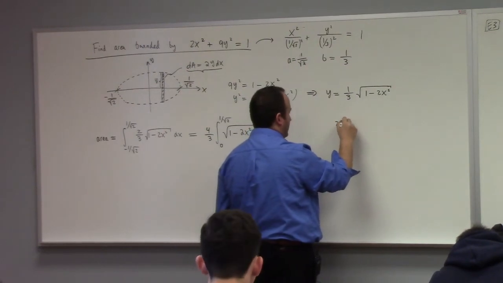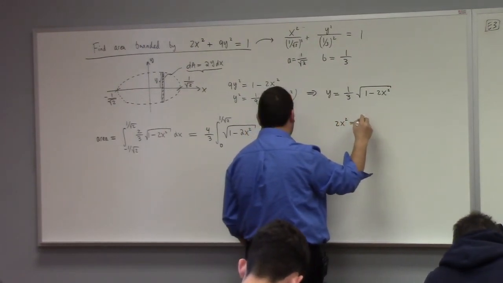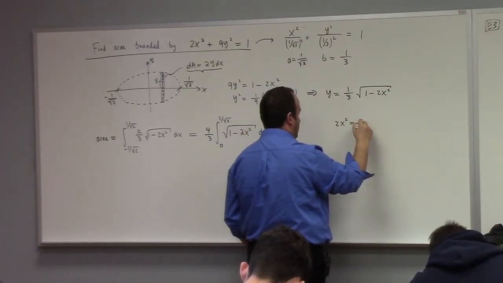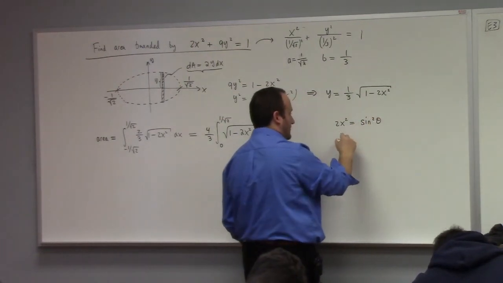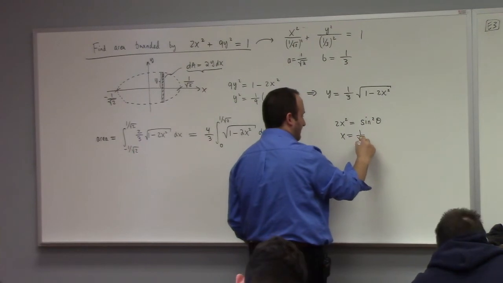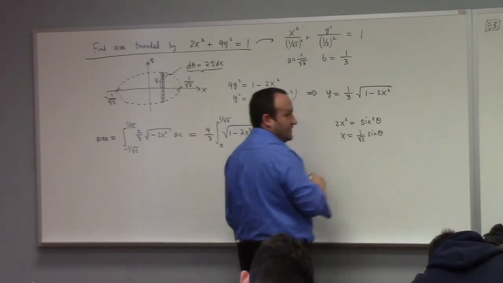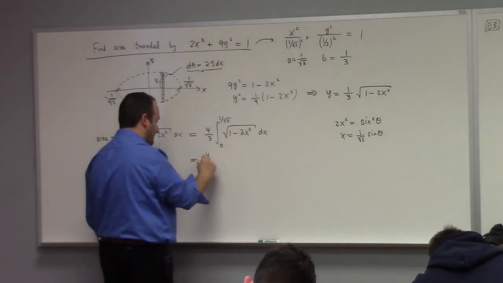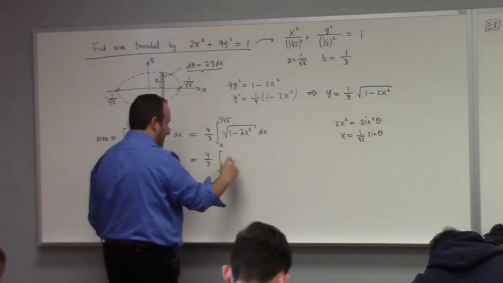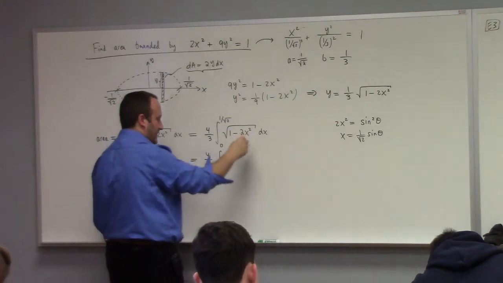I think we want 2x squared to be equal to sine squared theta, yeah? In other words, let x equal 1 over root 2 sine theta. And if we do that, what's this become?